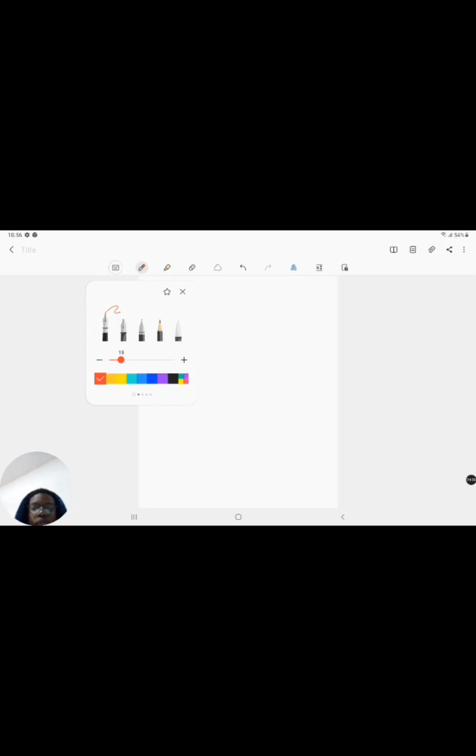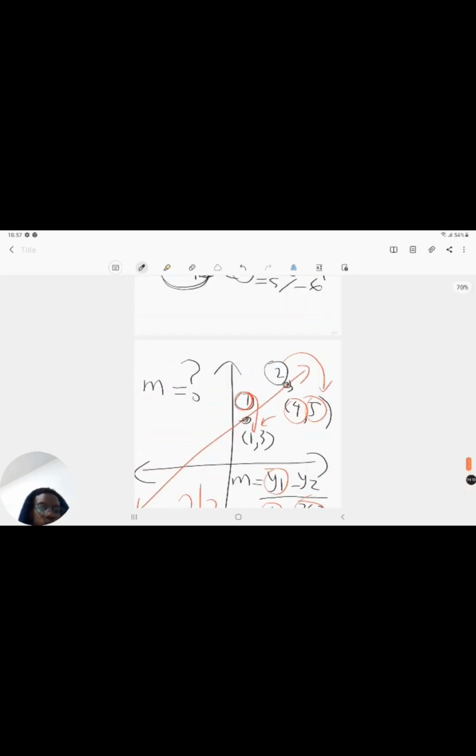Now, if you've got a Cartesian plane, and you've got, say, an equation, y is equal to minus 2x plus 1, and they ask you what is the gradient of this equation.